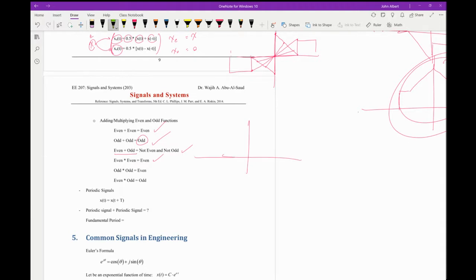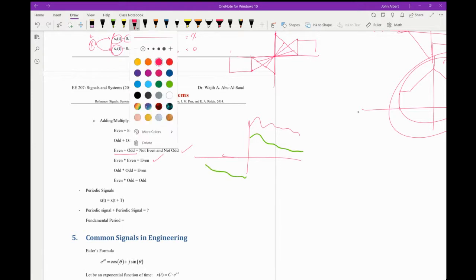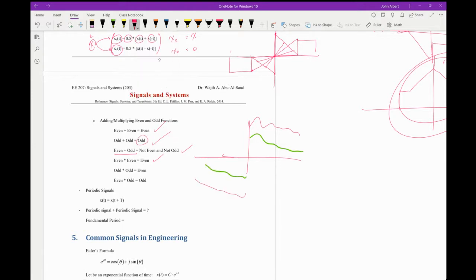Assume that I have one function here which looks like this, and another function which looks like this, and both of them are odd. Now, if you multiply the right-hand side, you take each point and multiply by the corresponding point from the other. So you get a value here. It happens that what you have on the other side is exactly the same, but it's the negative of what you have to the right.